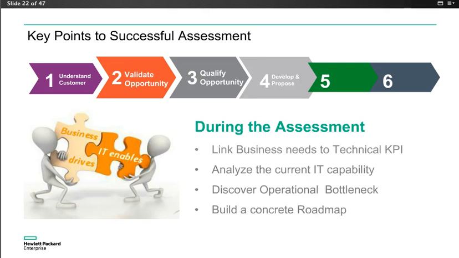What we are doing is we analyze the current IT capability, because it's really often that these IT capabilities are on the right level, but maybe they do not feed the right information to the right place to let business see how IT is working and whether they are prospective or not.